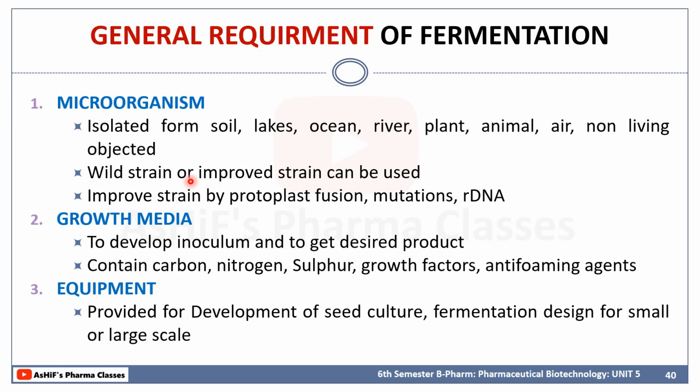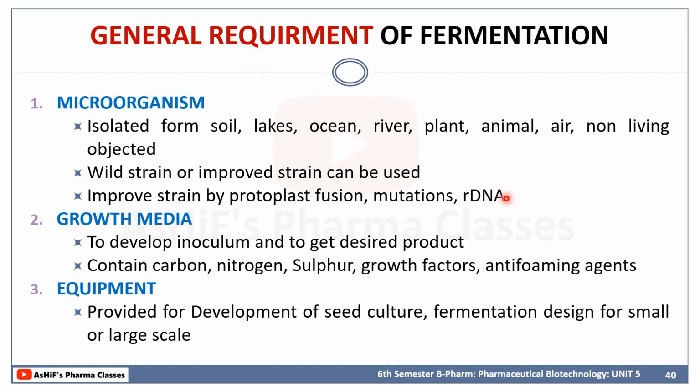Usually we can use wild strains or improved strains, but by using improved strains by protoplast fusion or mutation or recombinant DNA technology, we can increase the yield of the product. That is the advantage of improving the strains of the microorganism.